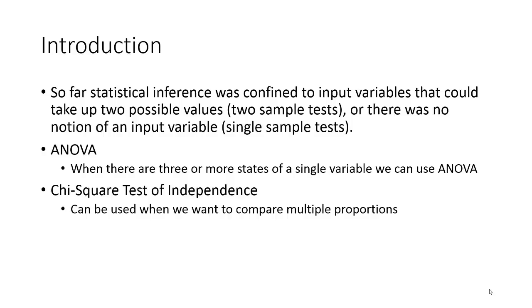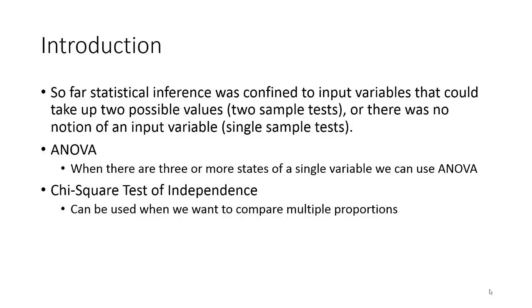The two sample tests where you would compare two different samples, and the variable of interest would be, for instance, either male or female. So we came up with an example of the heights of 10th standard boys in public schools versus the heights of 10th standard girls in public schools.